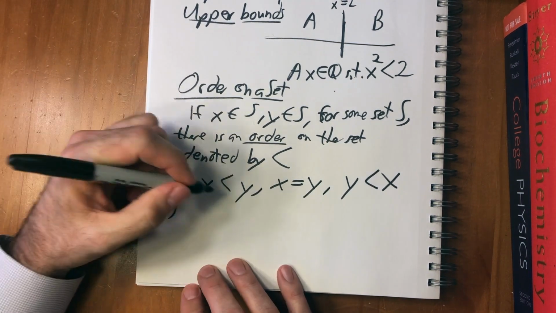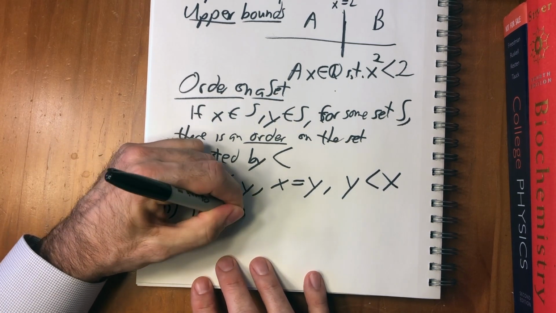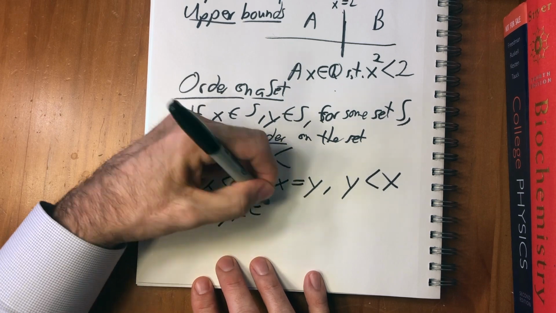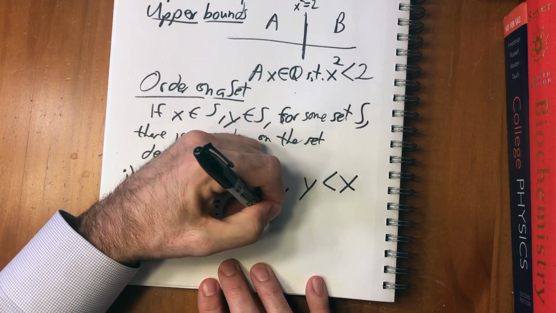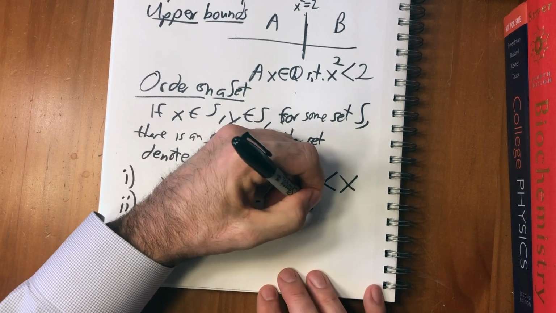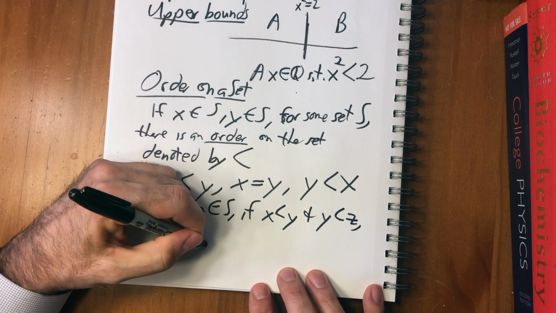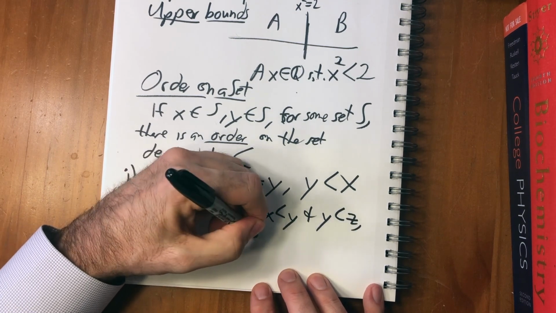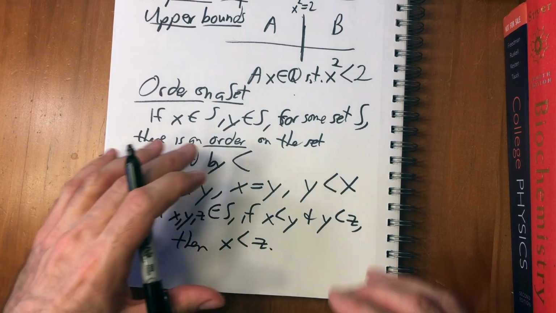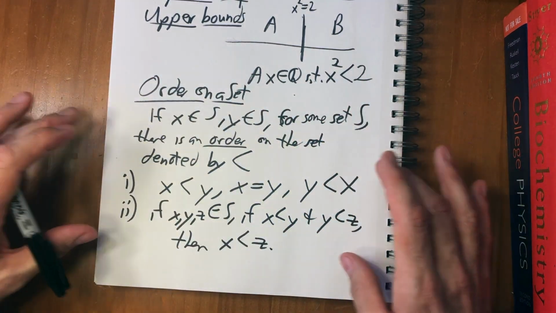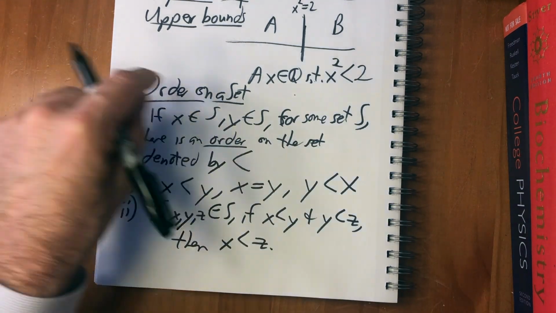And then the second criterion that must be true is that if x, y, and z are all in S, and if x is less than y and y is less than z, then x is less than z. What that means is that the set is entirely ordered from one end to the other. If one thing's less than another, you're not going to find some kind of a circle.